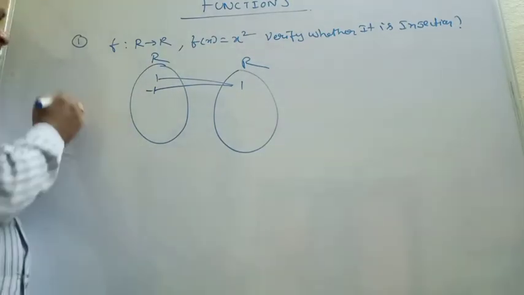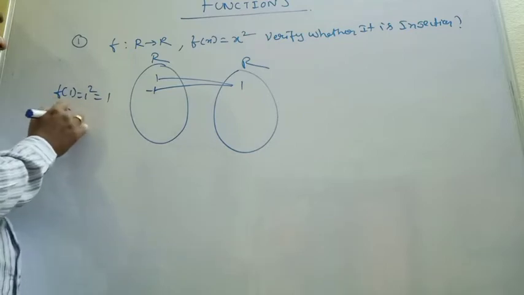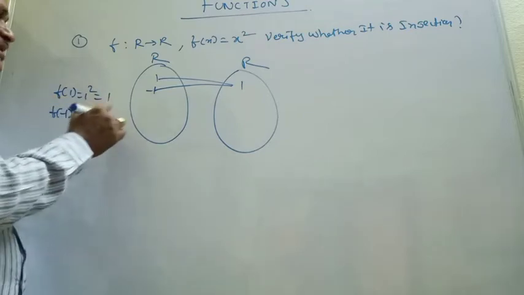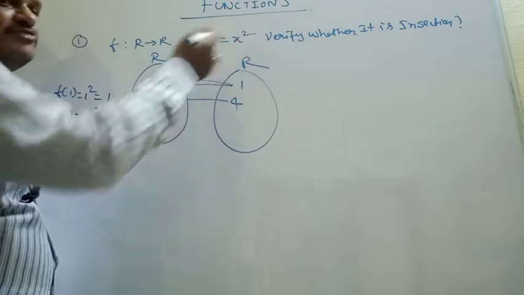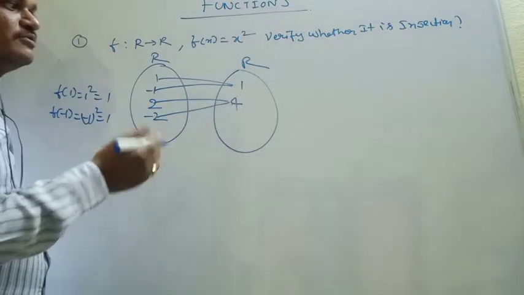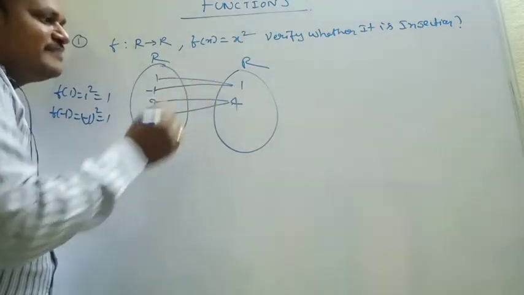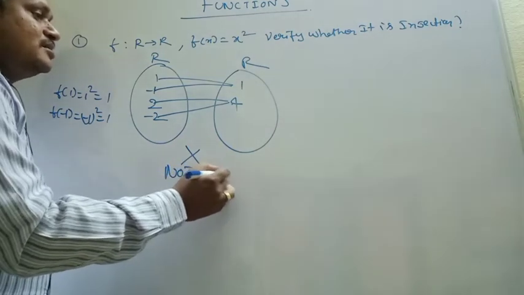So f of 1 is equal to 1 square, that is 1, and f of minus 1 is also minus 1 square, that is 1. And 2 will be related with 4, because f of 2 equals 2 square, 4. And minus 2 is also related with 4. Because 2 different elements have the same image, therefore it is not a 1 function.